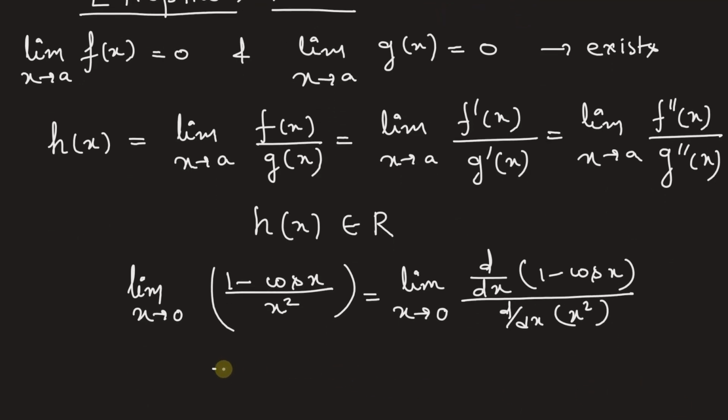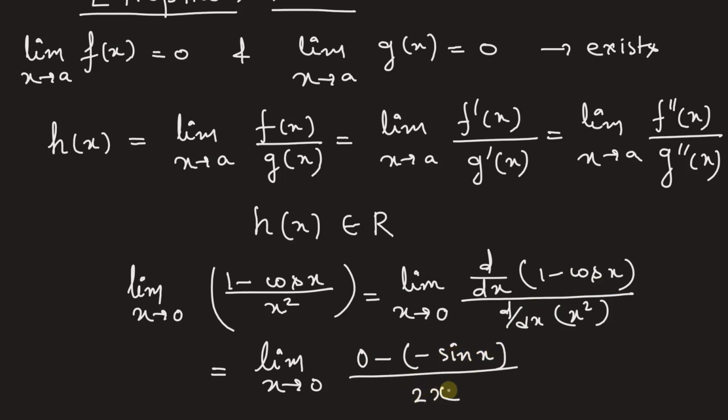Now this can also be written as limit x tends to 0, and the differentiation of 1 will be 0 minus the differentiation of cos x is minus sin x, and whole divided by 2x. Now if we substitute x is equal to 0 here, we will again find that this is also a 0 by 0 form. So again we will apply L'Hopital's rule.